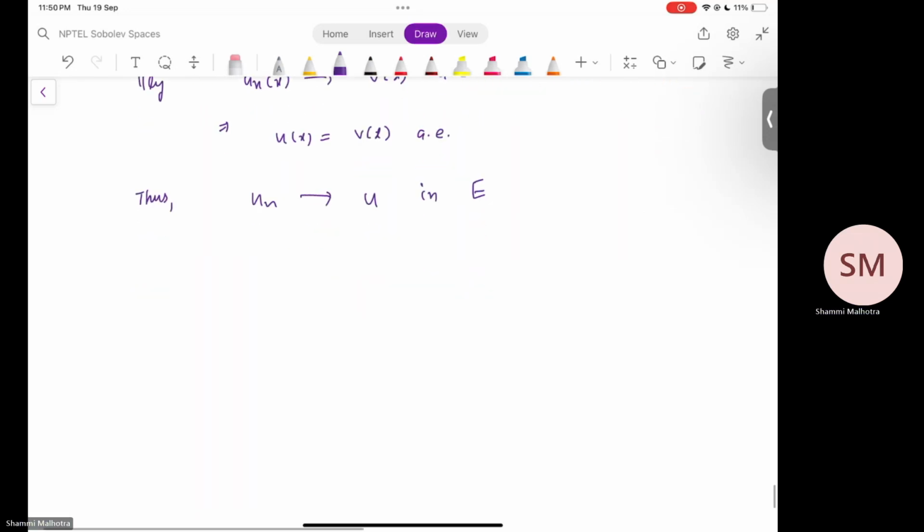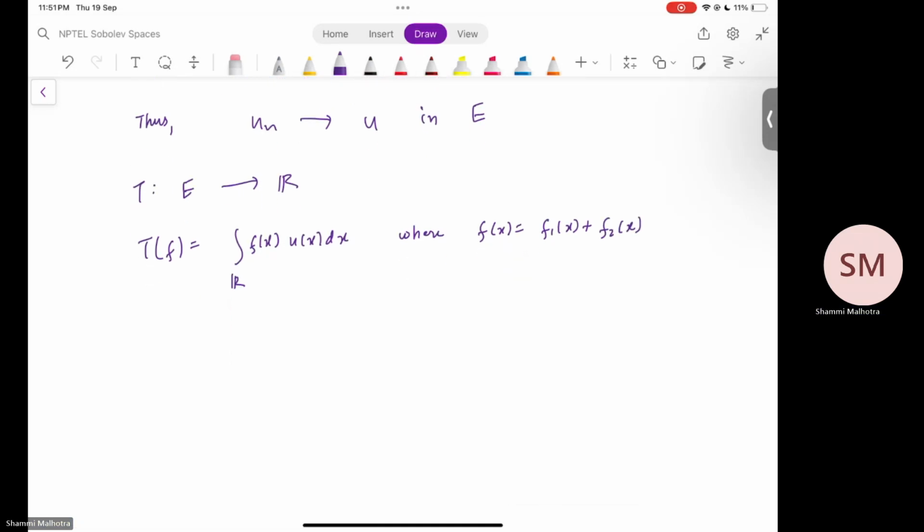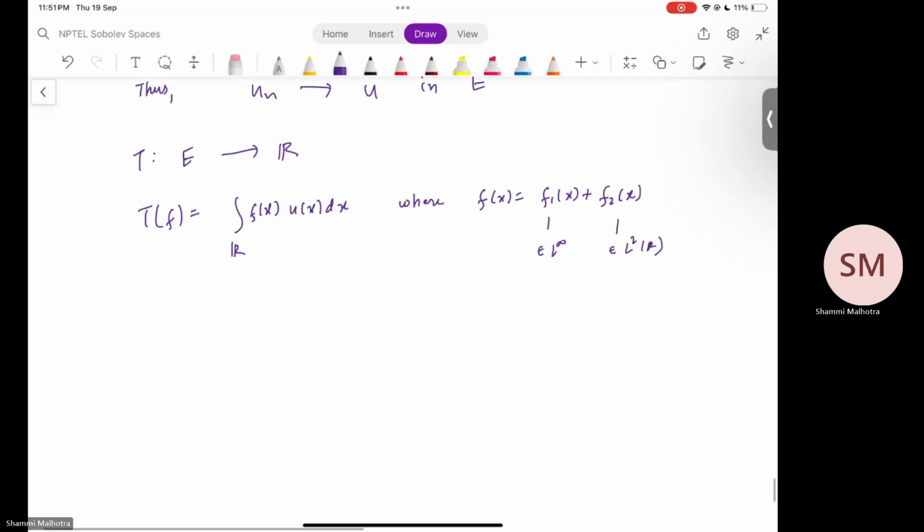So now part 2: let T be a mapping from E to R defined as T(u) equal to the integration over R of f(x) u(x) dx, where f(x) is equal to f1(x) plus f2(x), with f1 in L infinity and f2 in L2 of R. So I consider the modulus of T(u), and this is written as the integral of f(x) u(x).